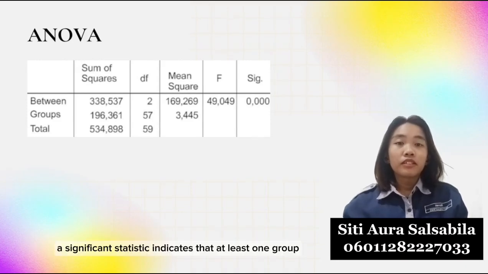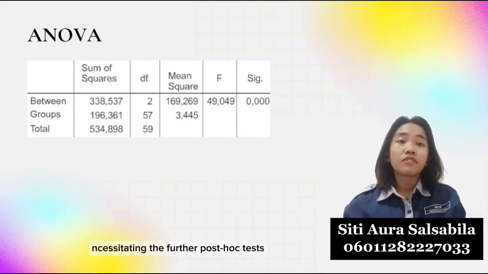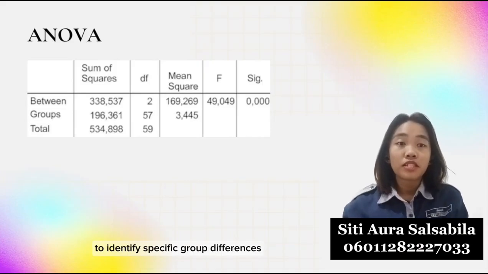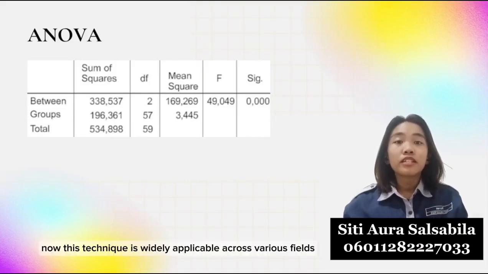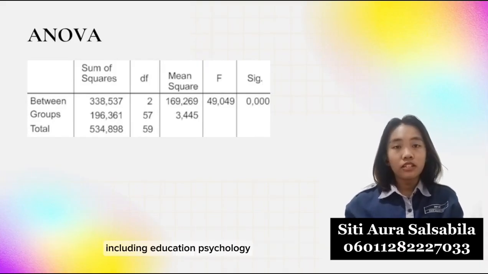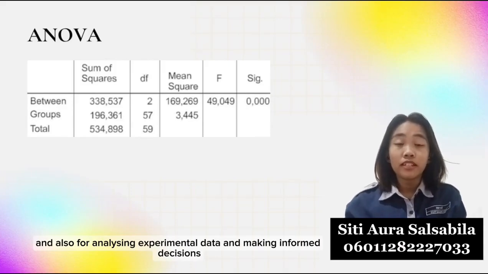A significant F statistic indicates that at least one group mean differs from the others, necessitating a further post hoc test to identify specific group differences. Now, this technique is widely applicable across various fields, including education, psychology, and business, and also for analyzing experimental data and making informed decisions.